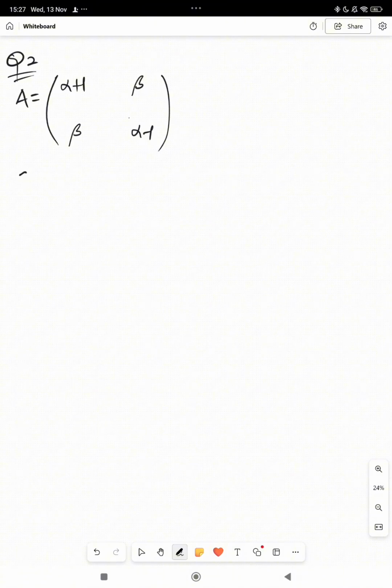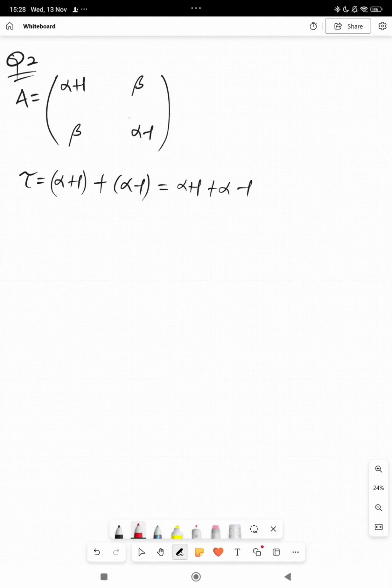Now, to find our trace, we need to add the values on the diagonal. So we have alpha plus 1 plus alpha minus 1, and the 1s will cancel, which will give us 2 alpha.